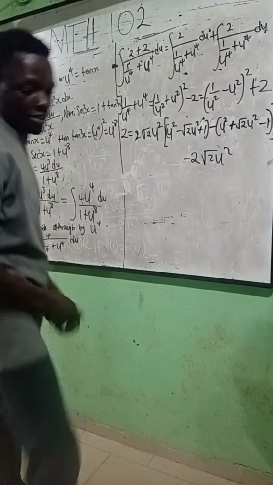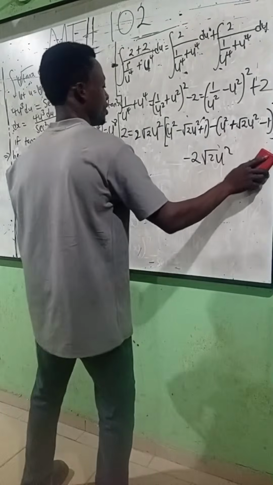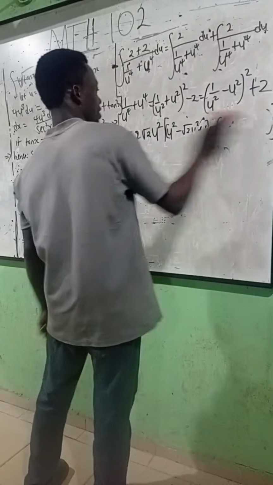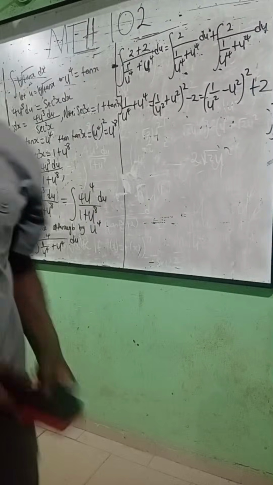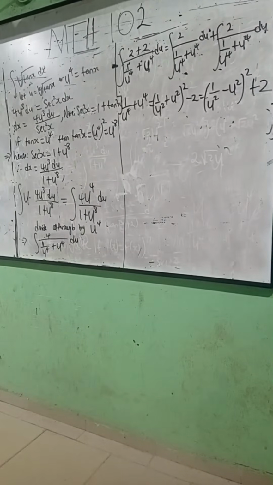I need to check it. Let me check it. Let me check. You guys are sleeping already. I'm coming, guys. Just give me a few minutes. I want to check something.